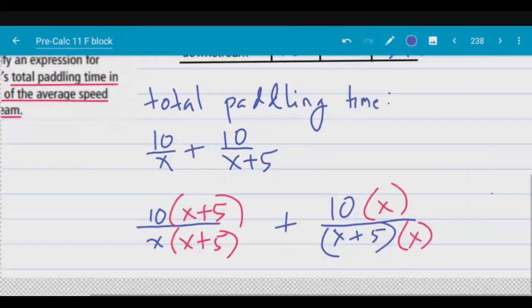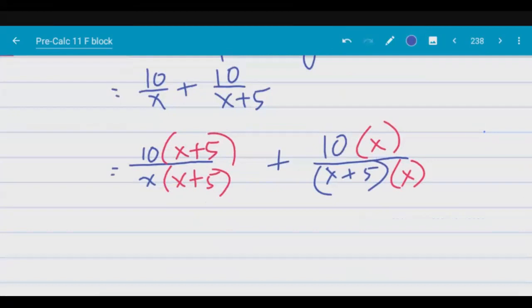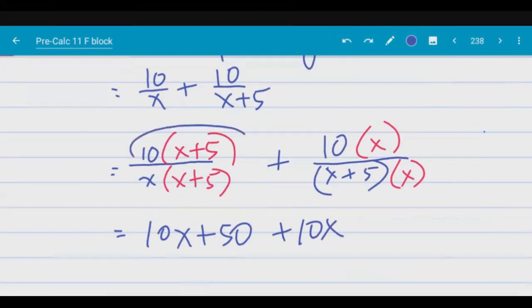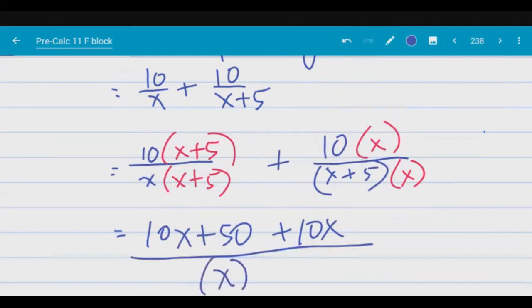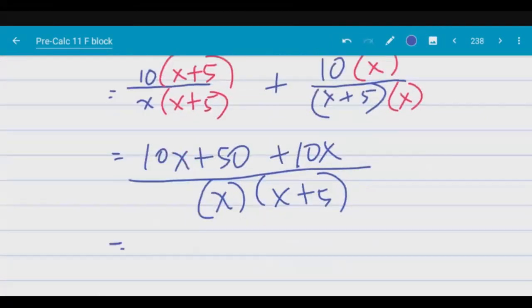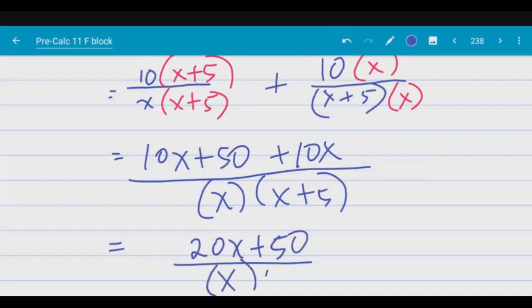And then let's simplify. 10x plus 50, and then plus 10x. Now this is the result of this one, and this is the result of this one. So I'm just going to put them all together in the same denominator now. It is entirely up to you if you want to make it x squared plus 5x for the bottom. 10x plus 10x is 20x plus 50 over x times x plus 5.